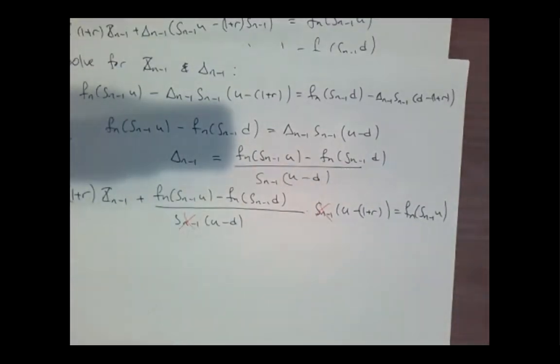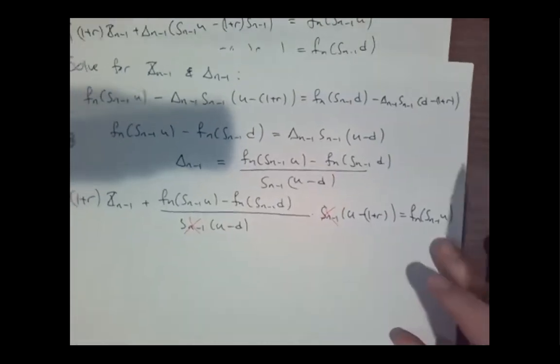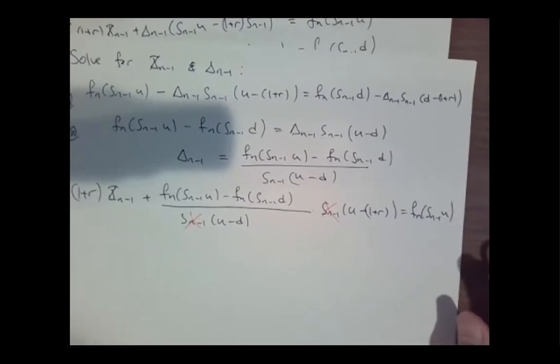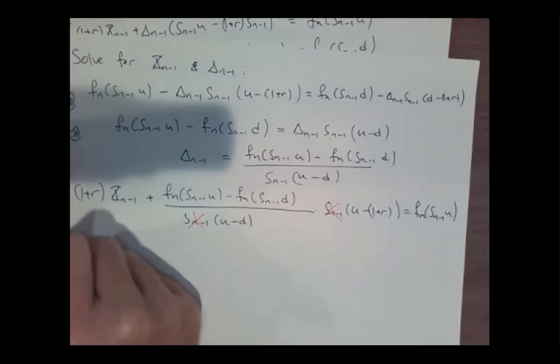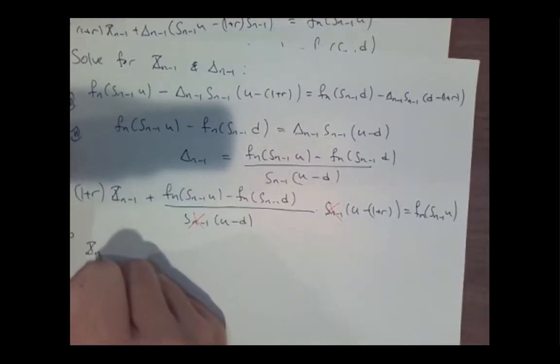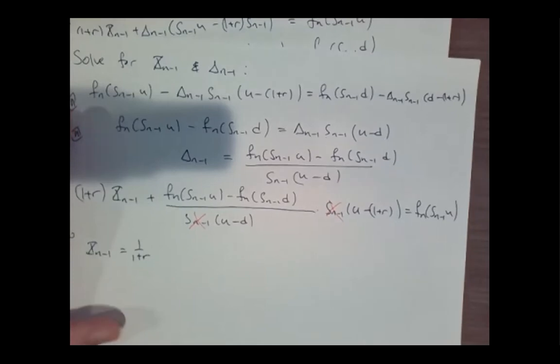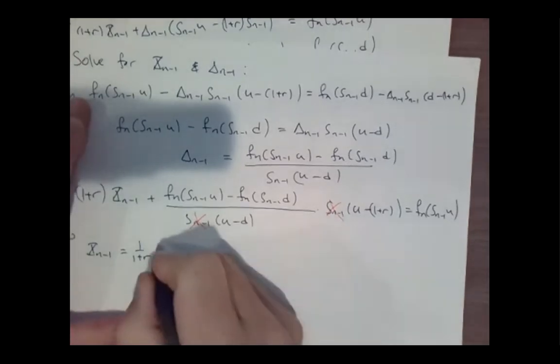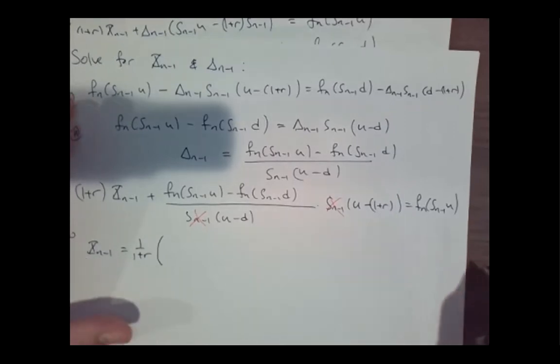Yeah, Patel, this is correct. I was missing this term here. Thank you. So we have a formula now for xn minus 1, and let me try to write it out. So xn minus 1 has a form. It is 1 over 1 plus r, and then a mess.